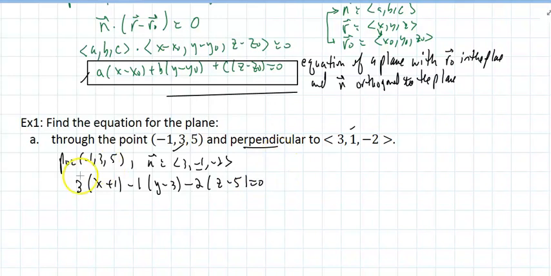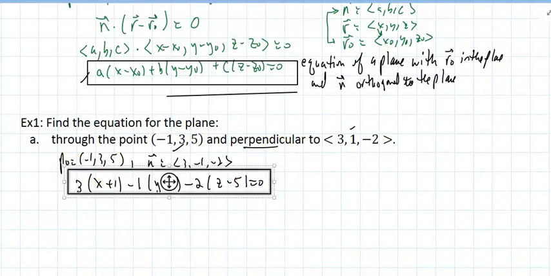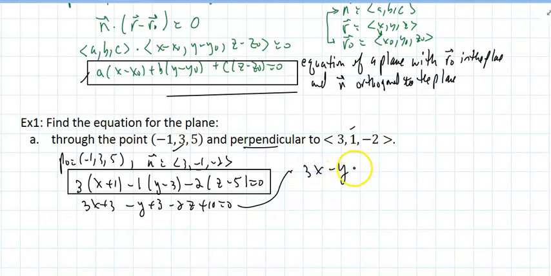That is good enough. You could, of course, simplify and say 3x plus 3 minus y plus 3 minus 2z plus 10 equals 0. Or you could simply say 3x minus y minus 2z equals, what is that? 3, 6, 16, negative 16.